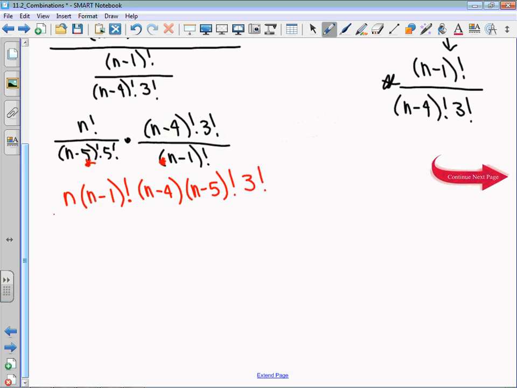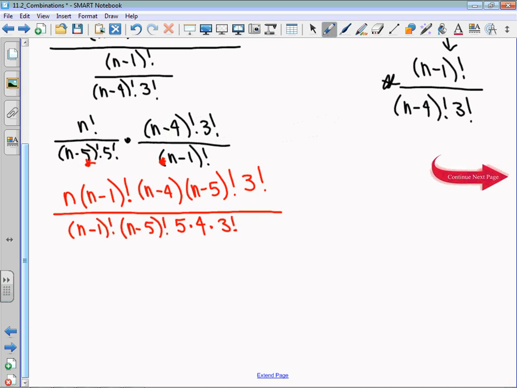The denominator, I'm going to write them together. We're going to have the n minus 1 factorial, the n minus 5 factorial, and the 5 factorial. But 5 factorial, I'm going to rewrite as 5 times 4 times 3, and because we have the 3 factorial in the numerator, I'm going to throw my exclamation mark at that point.